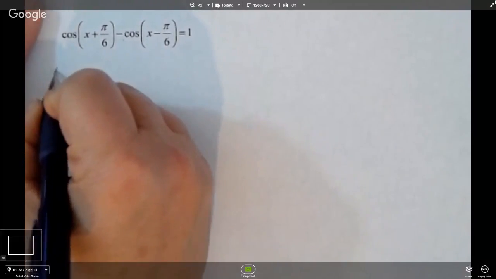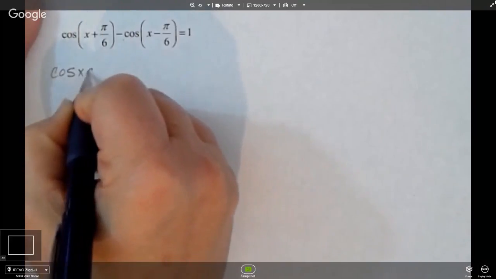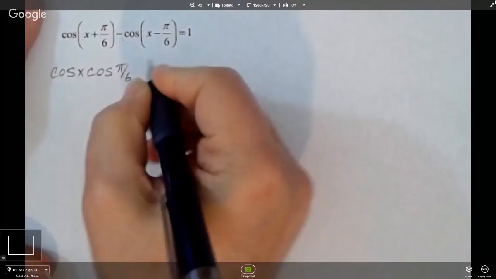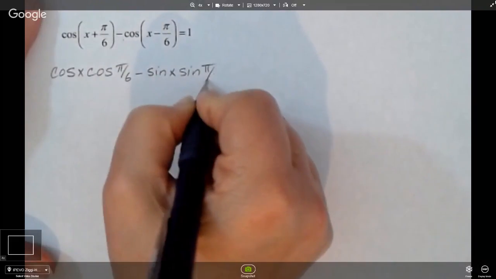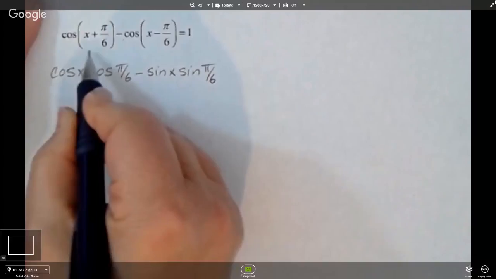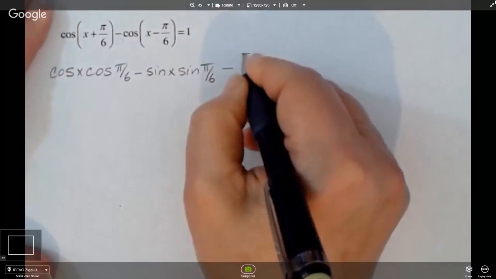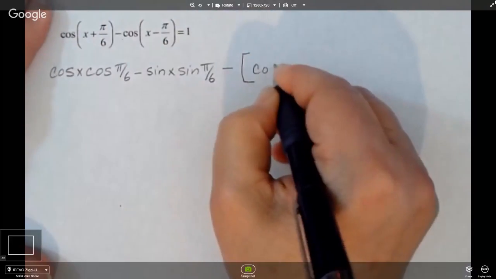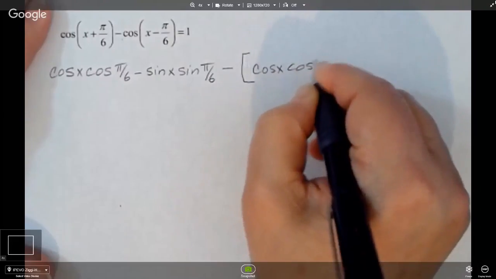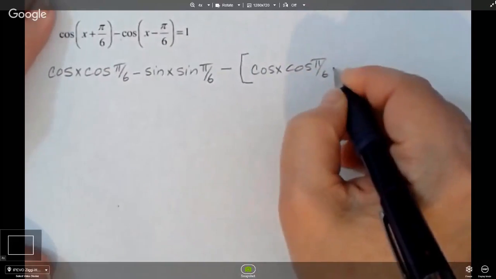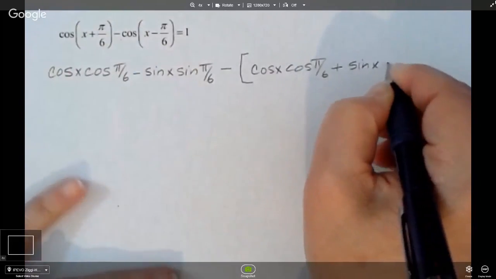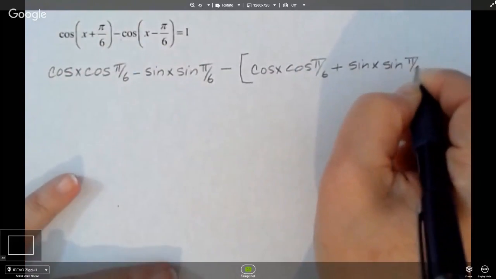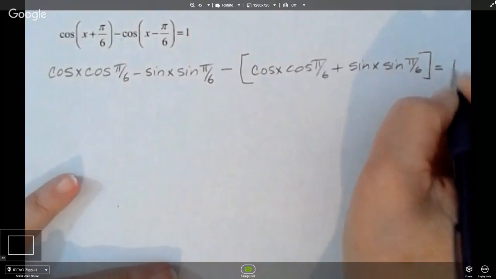Okay, so we get cosine x, cosine of pi over 6, minus the sine of x, sine of pi over 6. And now I'm done expanding the first expression, minus, and I'm going to use a bracket here, cosine of x, cosine of pi over 6. The sign has to be opposite, plus sine of x, sine of pi over 6 equals 1.